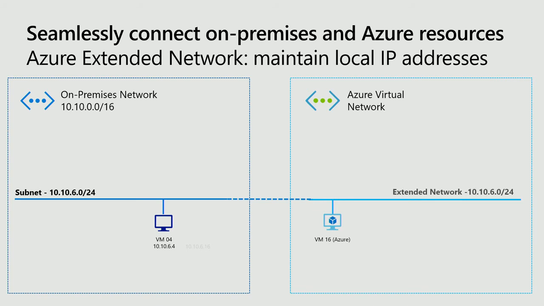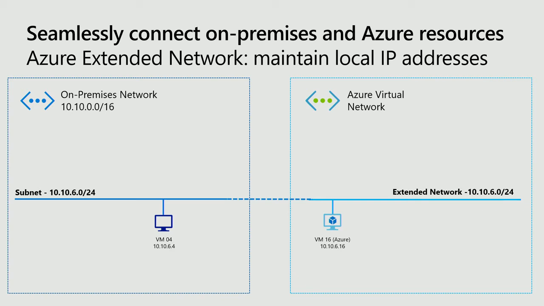And what this does is it allows me to take that IP address into the cloud, because this is a site-to-site VPN. And all of a sudden now, that VM running in Azure has the same 10.10.6.16 address. It's almost magical the way this works, because now I don't have to worry about app compat. Because guess what? I took that vestige of IP address with me.